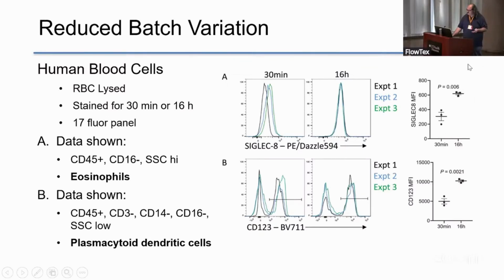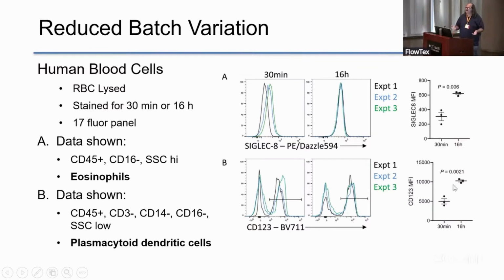And of course, they did the comparisons of the MFIs, and there was a statistical difference between MFIs and how much they actually spread in their own right. So they actually did that for an eosinophil marker called Siglec-8, and they also did it for CD123, and they saw very similar results.